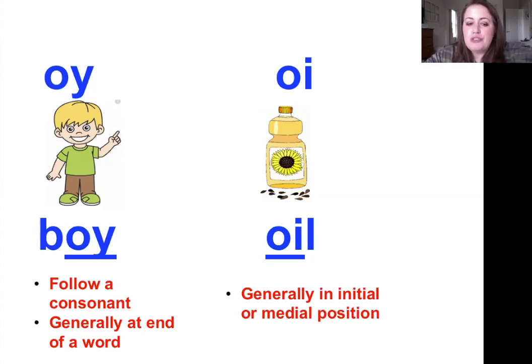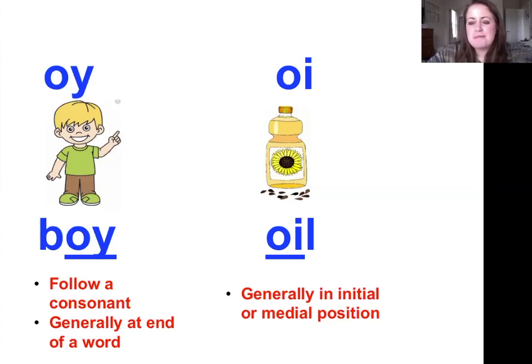It will also generally be found at the end of a word, just like in the word boy. The OI pattern, as in the word oil, will generally be found in an initial or medial position. And all that means is that it will usually be at the beginning or in the middle of a word.